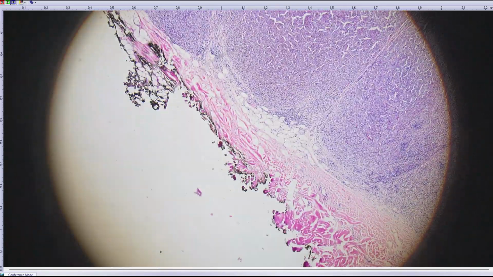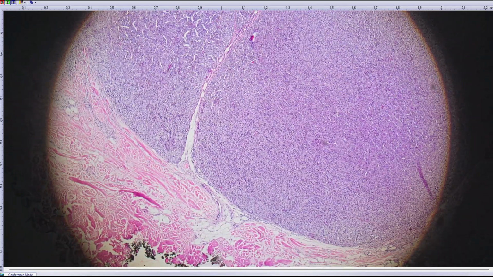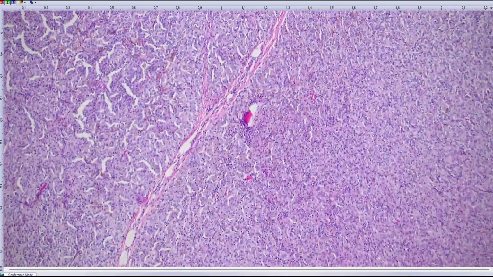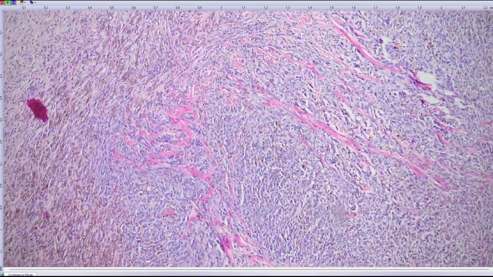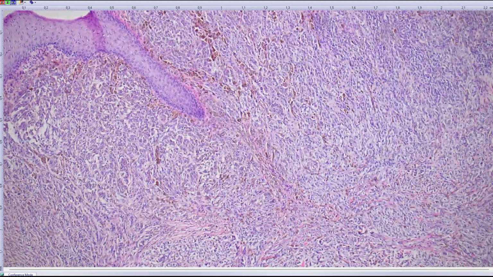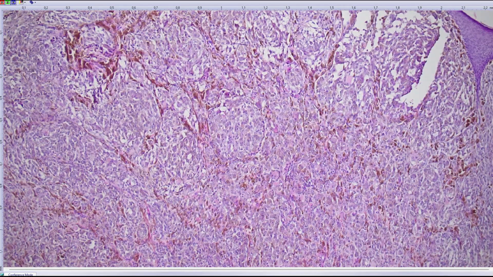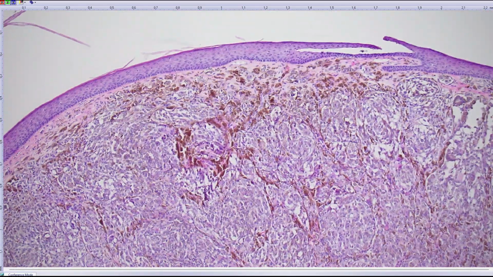It had all immunomarkers of a pigmented lesion. That means it was S100, SOX10, HMB45 and tyrosinase positive. Very interesting was genetics.